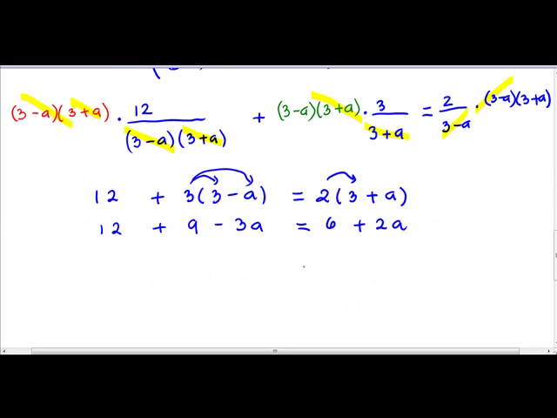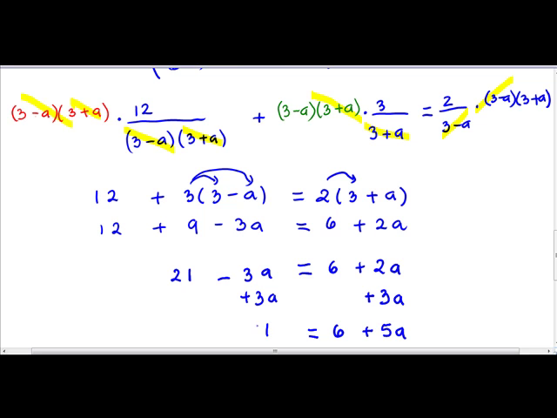I will continue to simplify more. So here I can add together. Got 21. Let's copy this straight down. And plus 3a both sides. So I have 6 plus 5a.